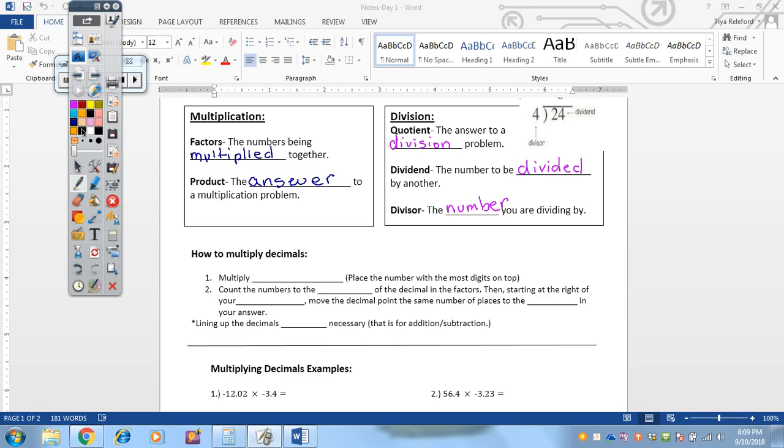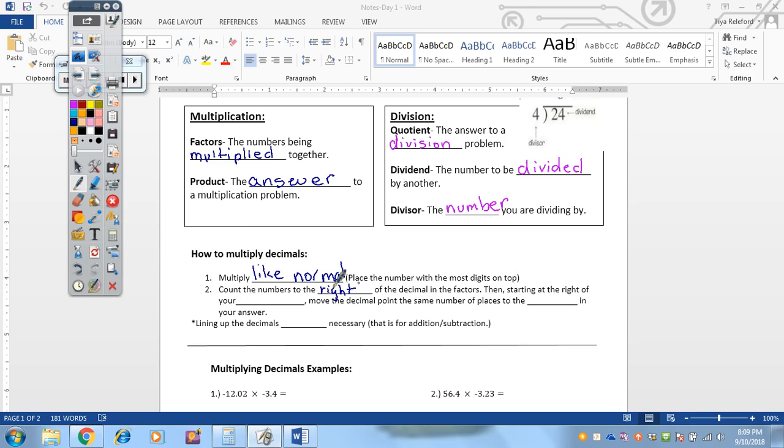All right, how to multiply decimals. Multiply like normal. You pretend that there is not a decimal. And then you count the digits to the right of the decimal in the factors.